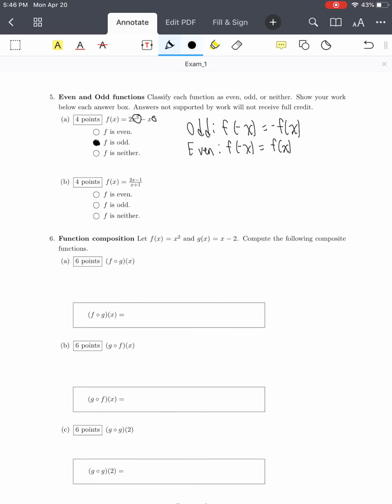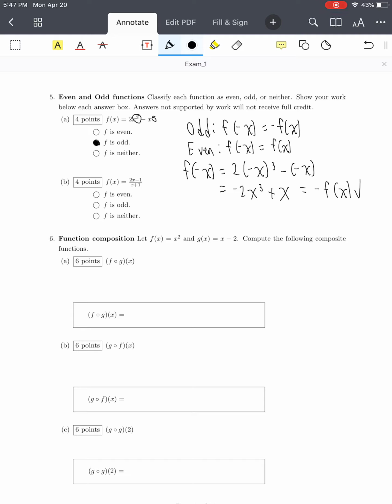So let's double check this. f of -x equals 2 times -x cubed minus -x. Remember, -x cubed is -x cubed. So that negative can come out, -2x cubed, and then minus -x is plus x, which in this case equals -f of x. So we say it's odd.